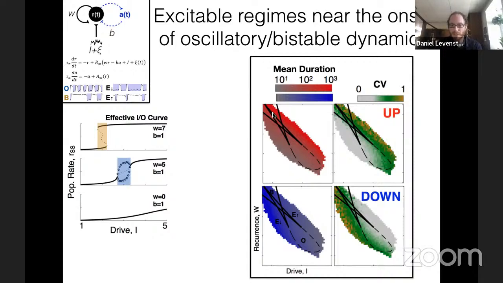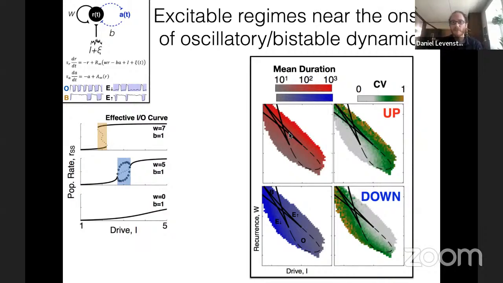And so what I'm showing here is the results now of many simulations of the model and the mean durations of both the up and the down states, where red indicates longer ups, blue indicates longer downs. And so you can see that as we increase the level of drive, the up states get longer and longer. And crucially, we're able to detect up and down states, so bimodality in the rate, in a pretty wide range of parameter space.